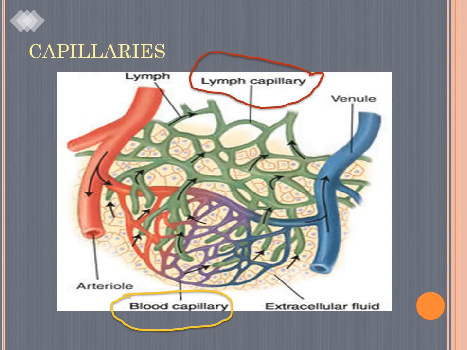Capillaries are one of the minute blood vessels that connect arteries and veins. They form a network throughout the body for the interchange of various substances like oxygen and carbon dioxide between blood and tissue cells.